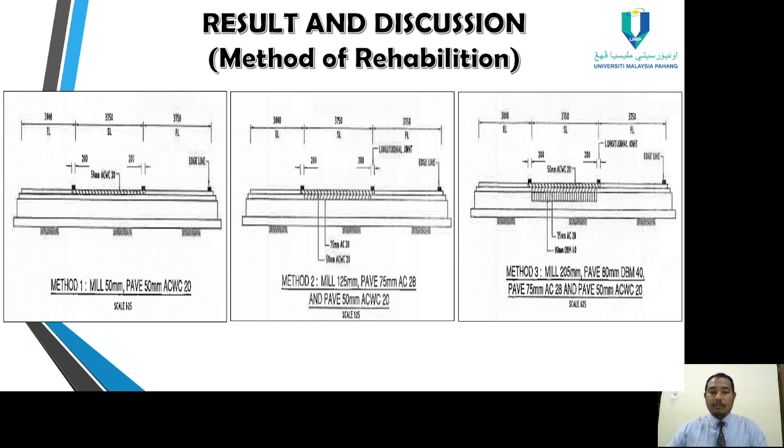It affects three layers: the DBM layer, the binder layer, and the surface layer, which is the wearing course.